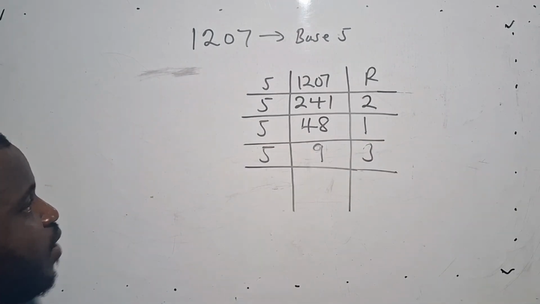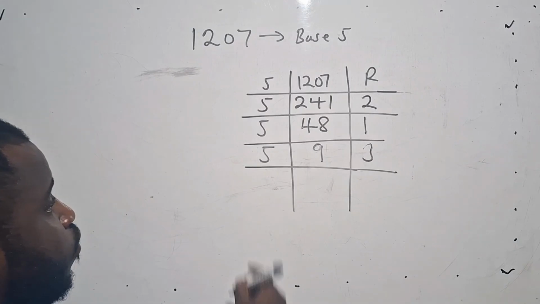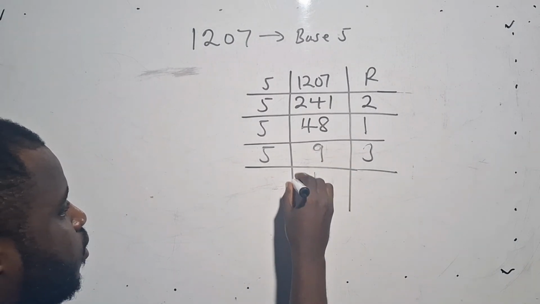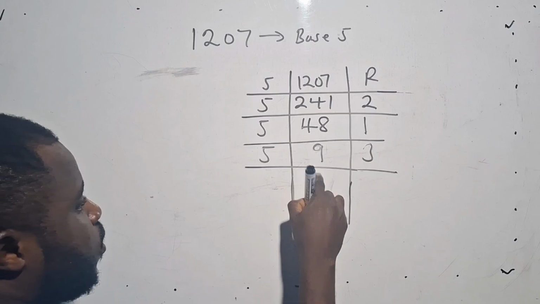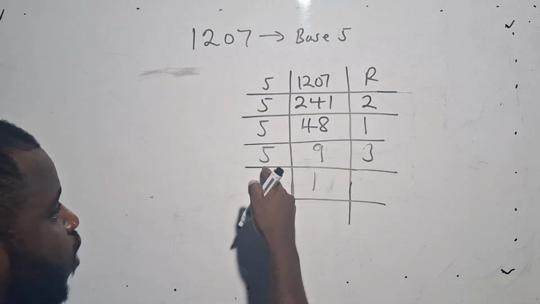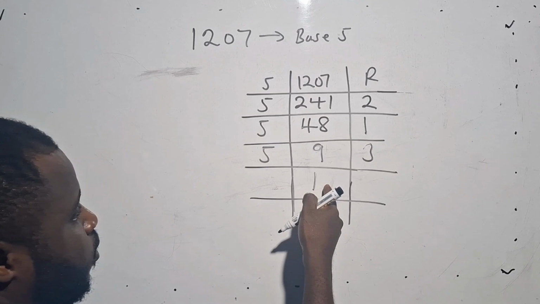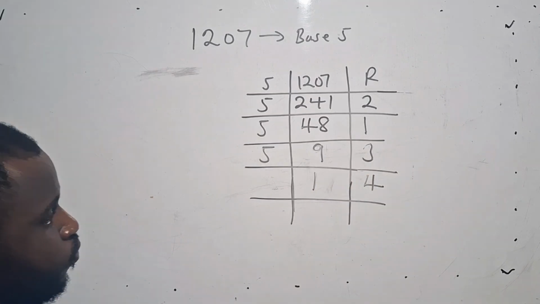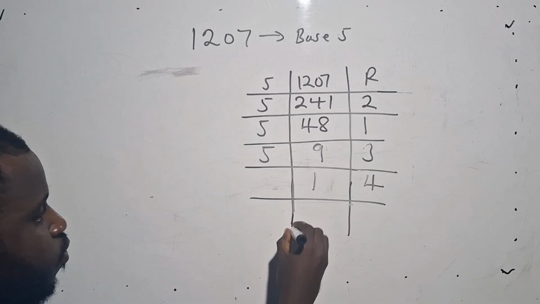Yes, now we have 5 again. Now 5 will divide 9 how many times? 1. 5 ones are 5. So 5 can divide 9 once, remainder 4. Yes, remainder 4.